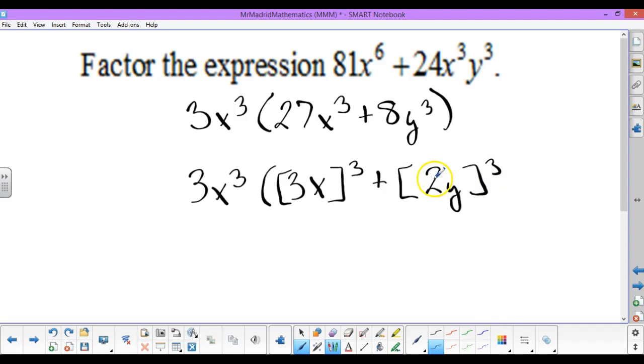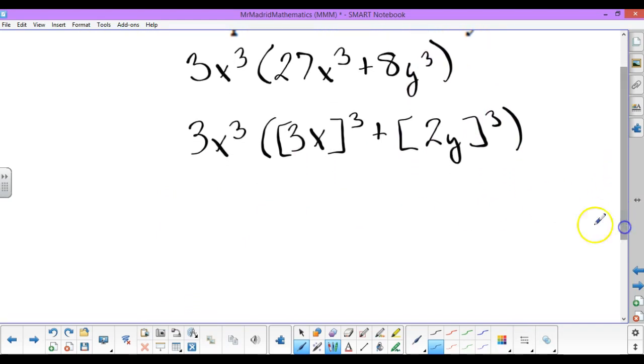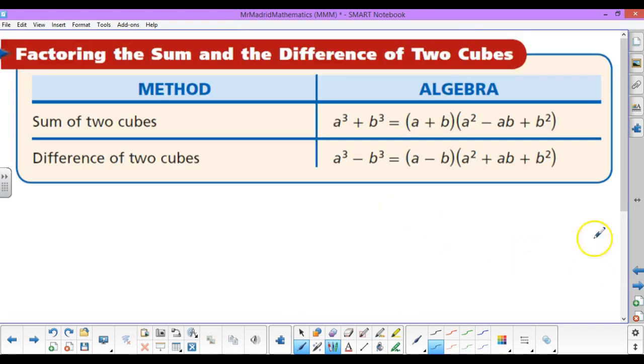Notice what happens here: 2 cubed is 8, y cubed is y cubed. Now if you jotted down the previous formulas, you'll see some connection here. This is a sum of 2 cubes, so let's apply that. It tells me that when I have that, I can substitute it in with this expression.